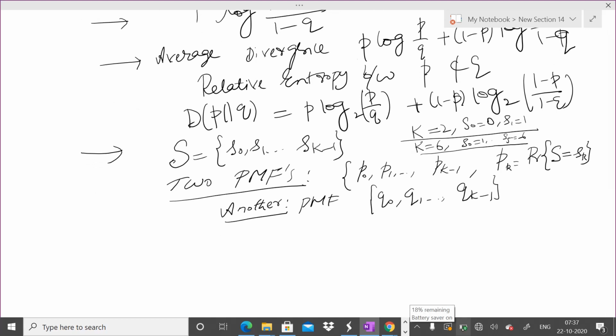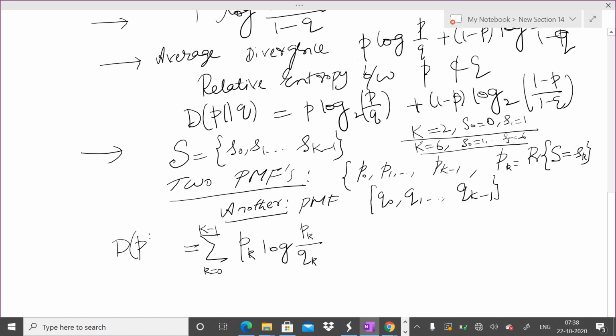Now you want to know how close they are, how good the guess is. Again you will take log of Pk over Qk. Now what is the expected value of this? That will be Pk times this, with summation k equal to 0 to k minus 1. This is the expected divergence or expected distance between the two distributions, and this is what is called relative entropy.